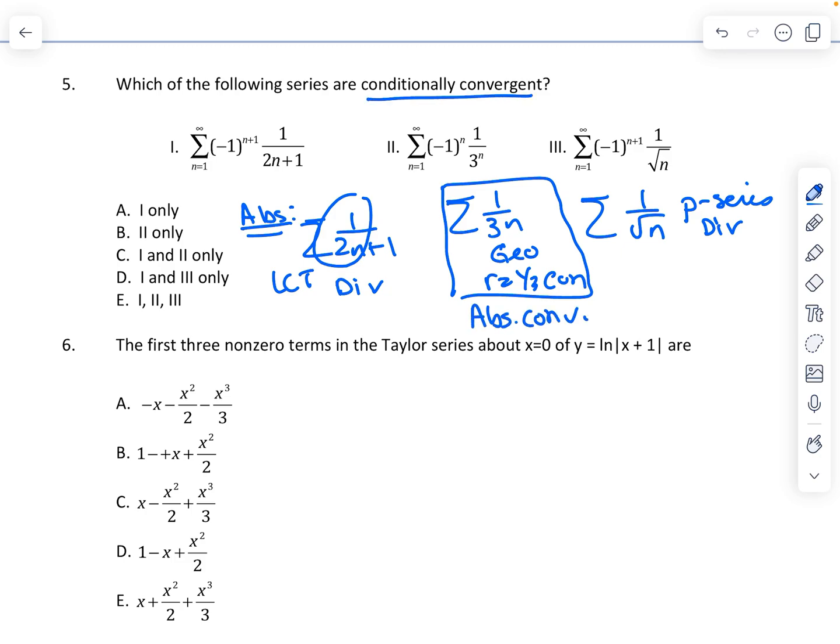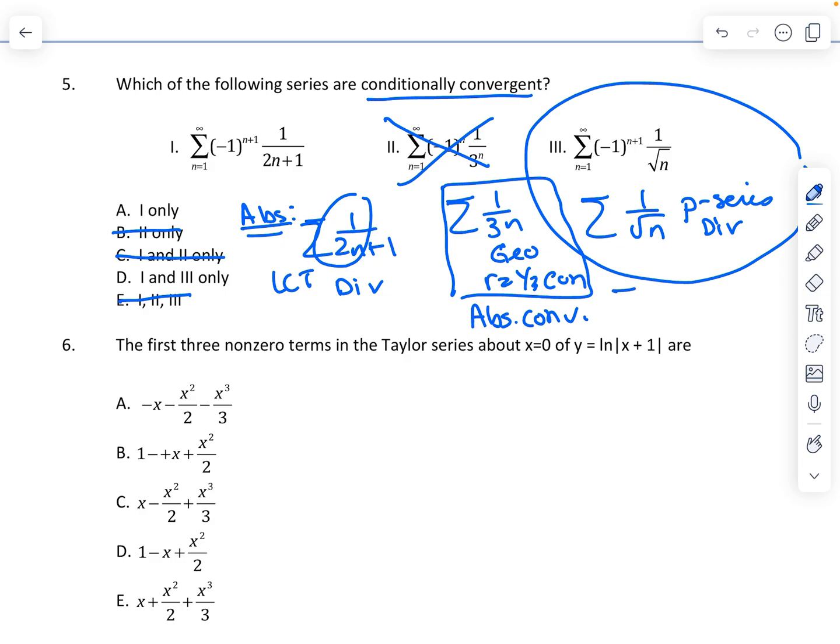So we're looking for conditionally convergent. So this one is called absolutely, so it can't be 2. So obviously that rules out this one, and this one, and this one. So notice if you look at your answer choices, it's really just going to be 1 or just 1 and 3. So really, you can just check this one here, okay?